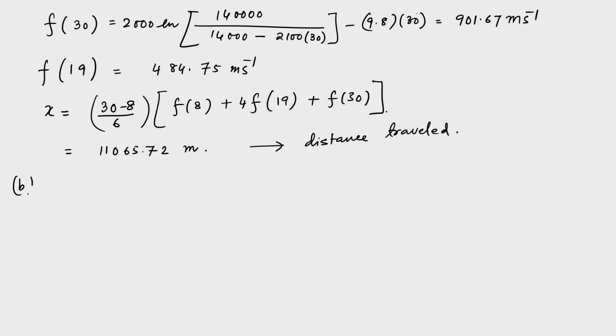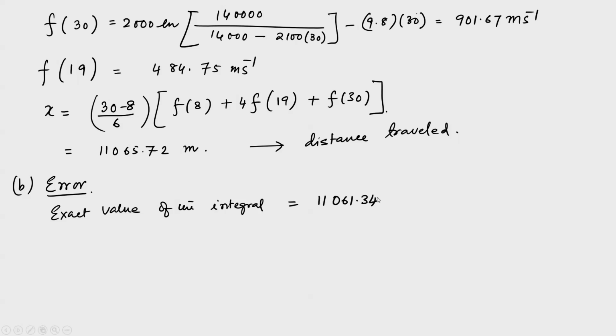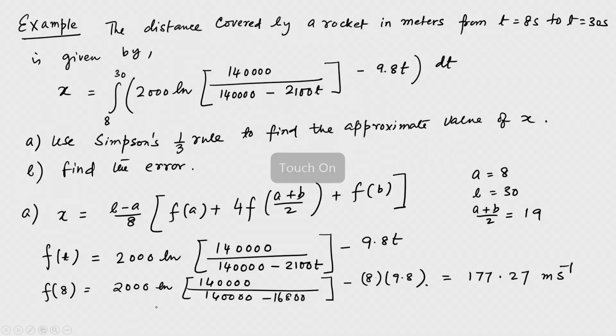And for part B, for calculating the error, we need to know the exact value of the integral. I am not showing it, but you can do it easily. It is equal to 11061.34. You simply have to integrate this expression, which is a log of a by b, which you can expand as log a minus log b.